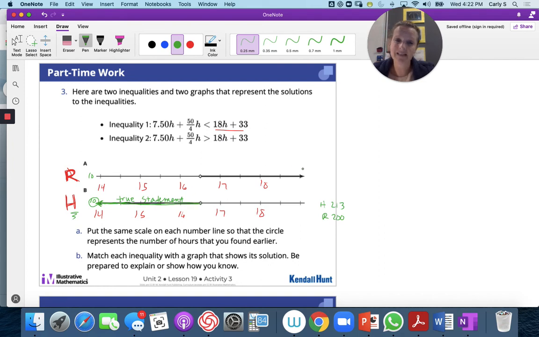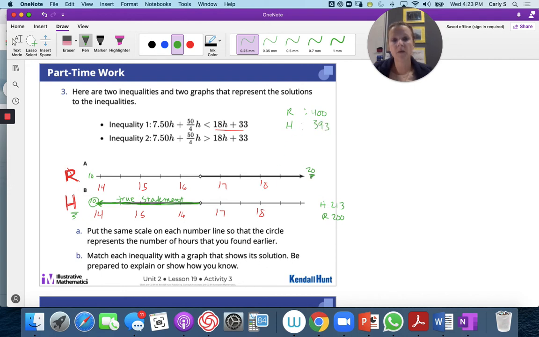Okay, let's just test 20, a number way bigger. 7.5 times 20 plus 50 divided by 4 times 20. So this would be the restaurant with 20 is 400. And the hotel, 18 times 20 plus 33, 393.